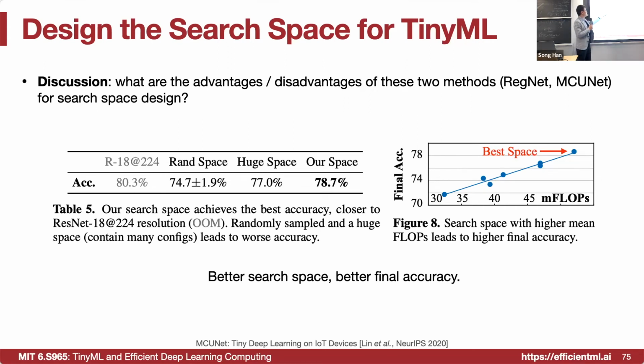Here we also compare the different search spaces, where the baseline is just the Resnet 18 with 224 resolution. Using a randomly found search space, you get an accuracy of 74.7. What about using a much bigger design space? It's like if you want to find someone in a forest, you search the entire forest, even the forest next to it.